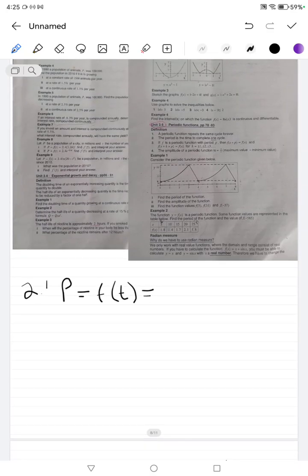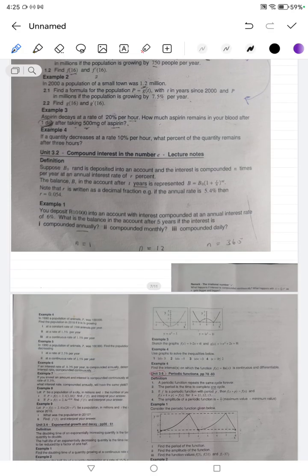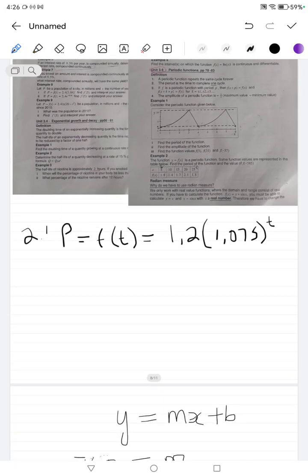So let me just quickly write the answers. We're going to have 1.1. Then this side, I'm going to have this. Then we're supposed to find, oh yeah, let me just start with your g of 16.